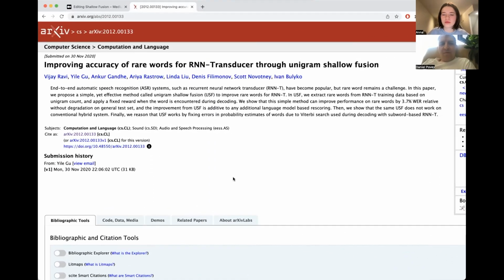Okay, so this paper, improving accuracy of rare words for RNN-T through unigram shallow fusion. According to this abstract, they're just boosting the probability of a list of rare words, and any time they see a rare word, they give it some fixed boost. They say they improve the performance on rare words by 3.7% word error rate relative.